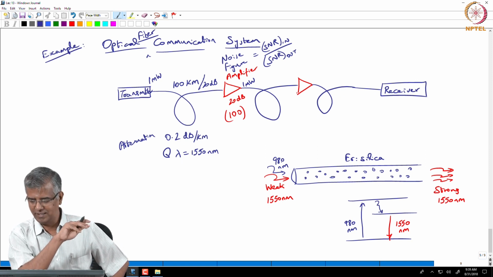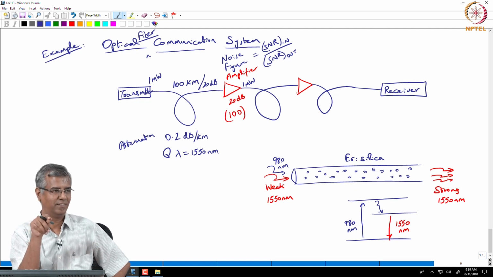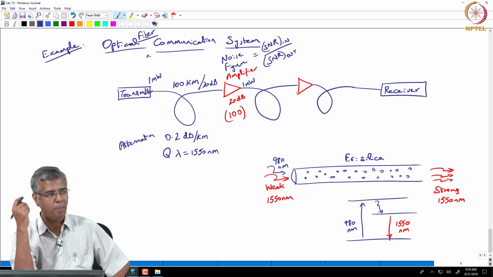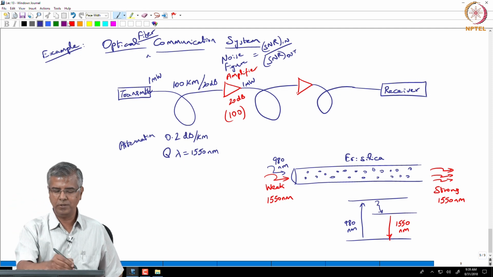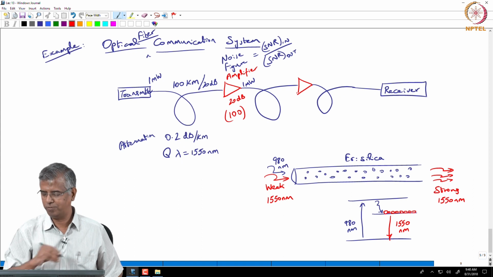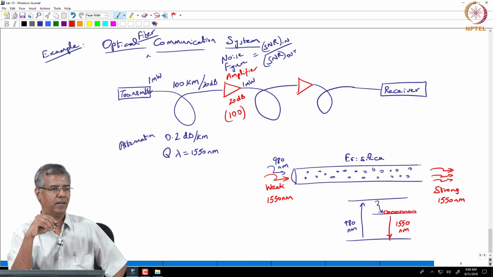Turn around the question. 1550 is what we want to amplify, right? And to amplify 1550 you need a large number of these erbium ions sitting at that higher energy level, right?